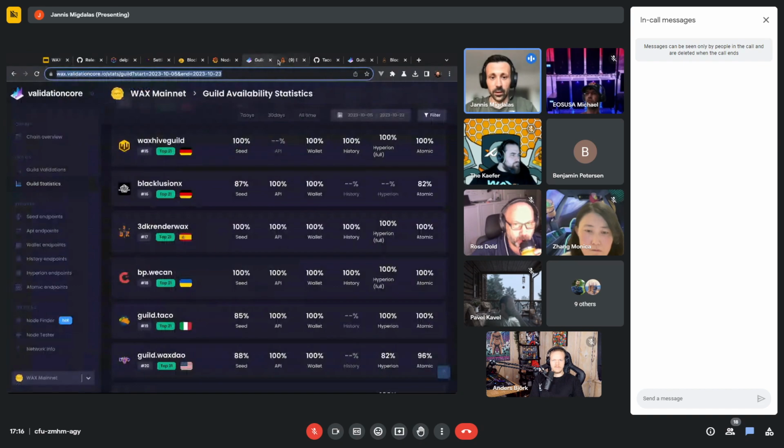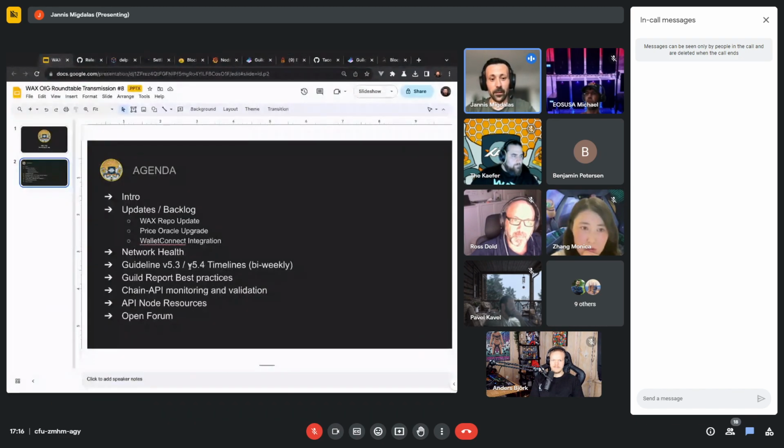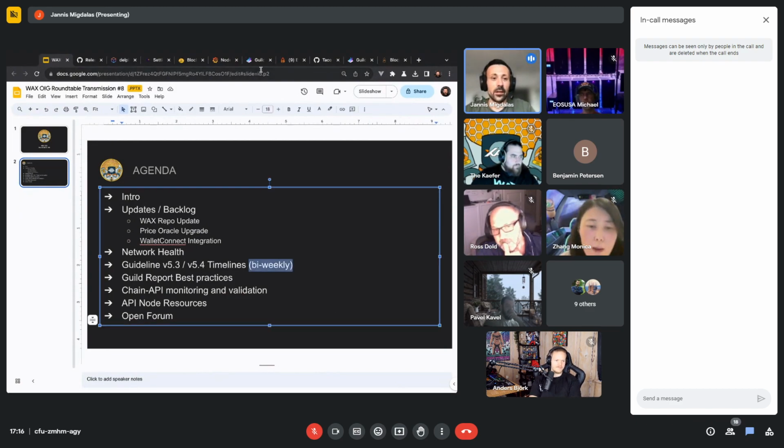Right, next on the agenda, we have our big update for you, the big guideline update in version 5.3. In this case, we call it 5.3, 5.4, because we are applying a lot of changes on those two new guidelines, namely the new bi-weekly cycle for tech evaluations.